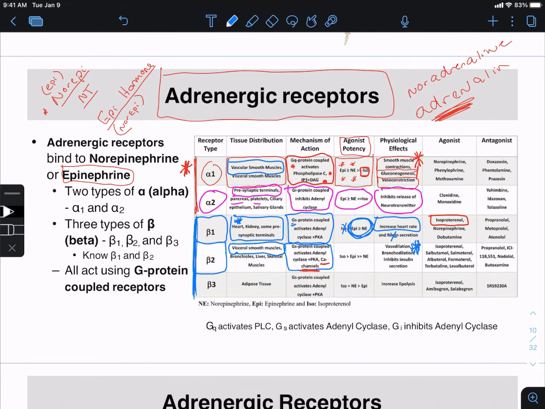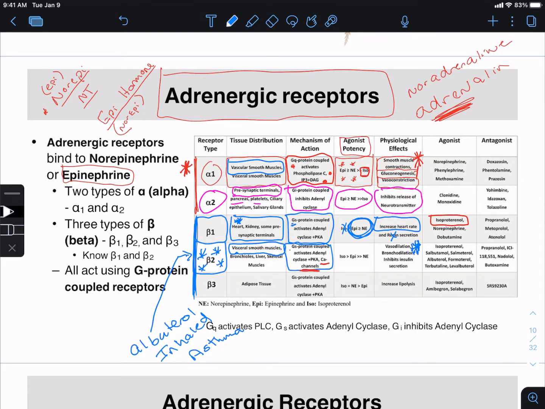Vasodilation and bronchodilation. Okay. You know what activates these? Albuterol. What is albuterol? It's an inhaled substance that is used to treat asthma. And it causes bronchodilation because activation of the beta 2 receptor, instead of causing vasoconstriction, causes vasodilation, and instead of causing bronchoconstriction, causes bronchodilation.